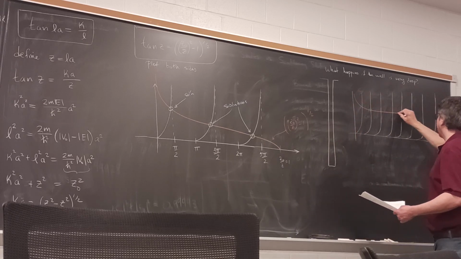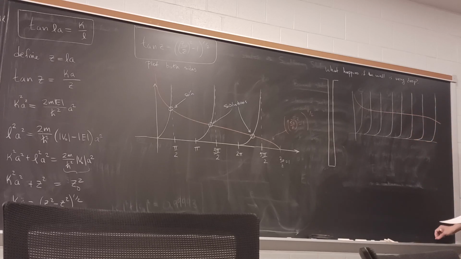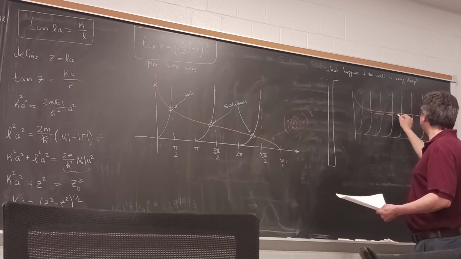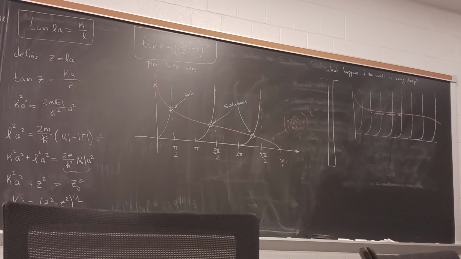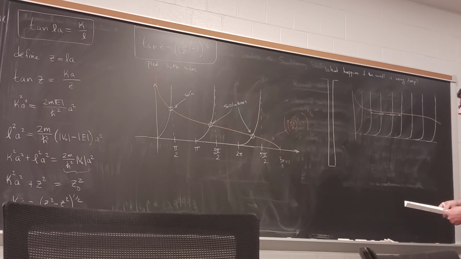So it'll look like a straight line going across, and the distance between these crossings is identical, which gives you regularly spaced energies that look like the infinite square well.